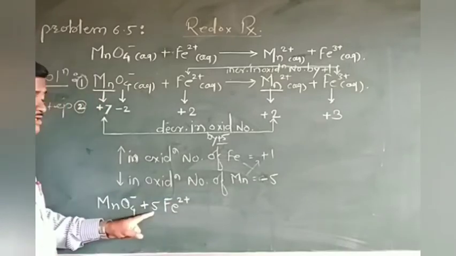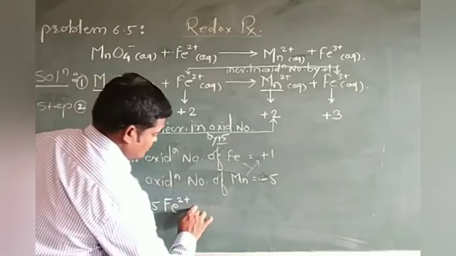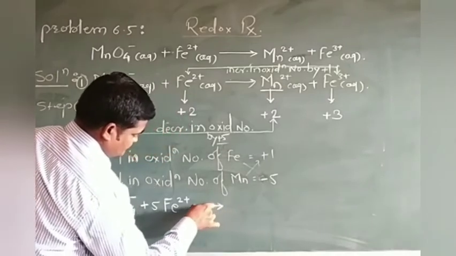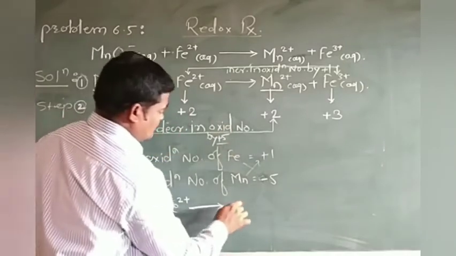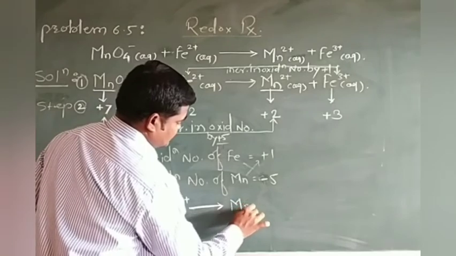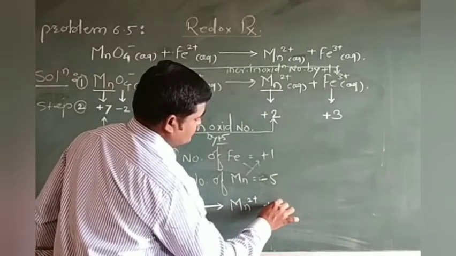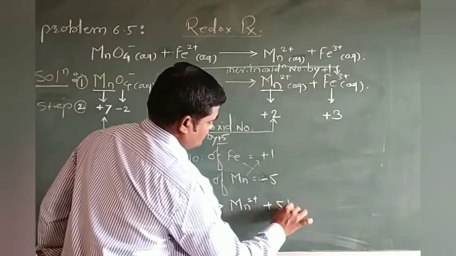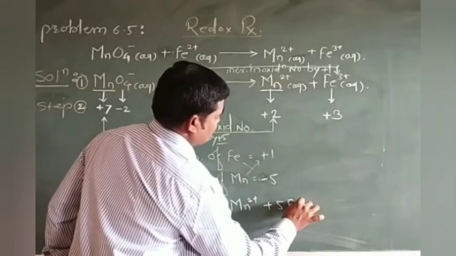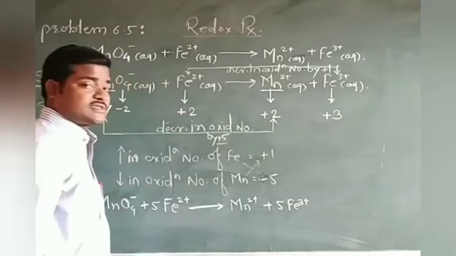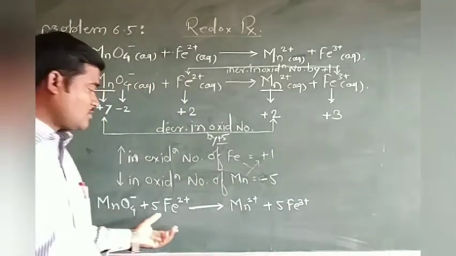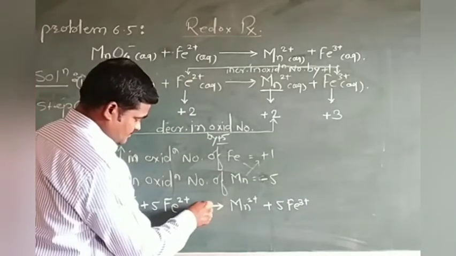So I have multiplied here by 5. It gives Mn, which I keep as it is in ionic state, Mn2+, plus 5 Fe3+. So this is the resultant equation which we have got in the next step.